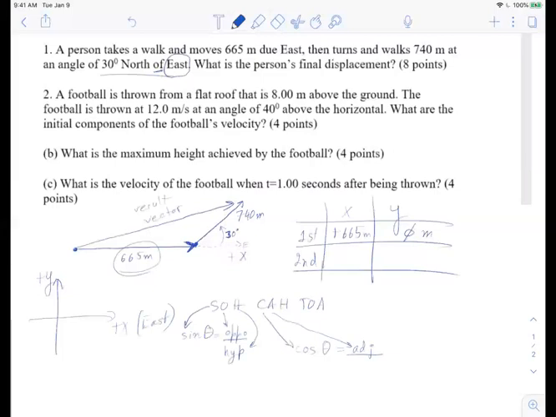Tangent of the angle is equal to opposite over adjacent. It's just a mnemonic, really. Hopefully you kind of get it.